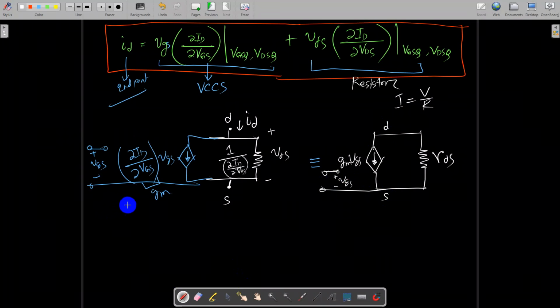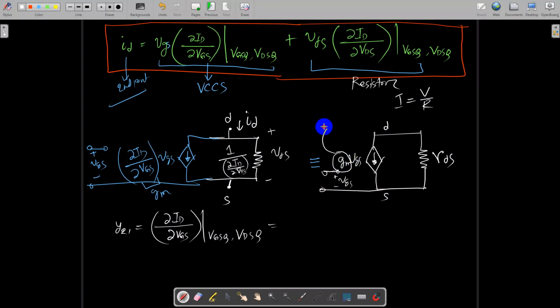So now we can actually tell all of that. We already said that your Y21 is actually your GM, dou ID over dou VGS around your operating point. This is very important, VGSQ, VDSQ. It means that when you are drawing your small signal model, you write GM VGS, but this GM does not come from small signal analysis.